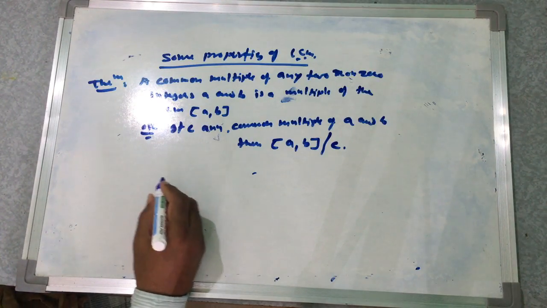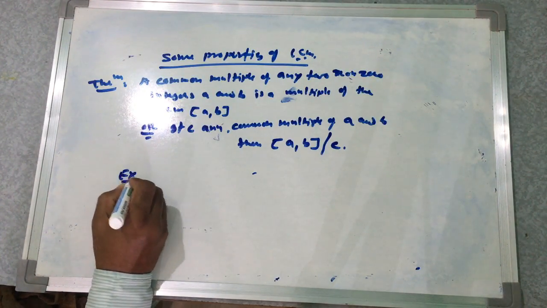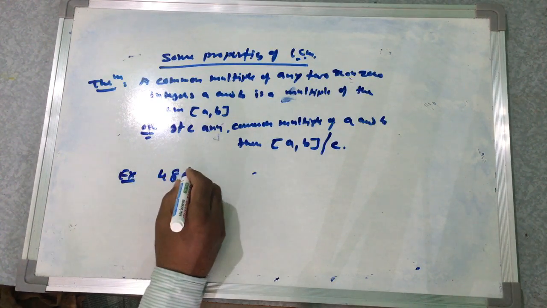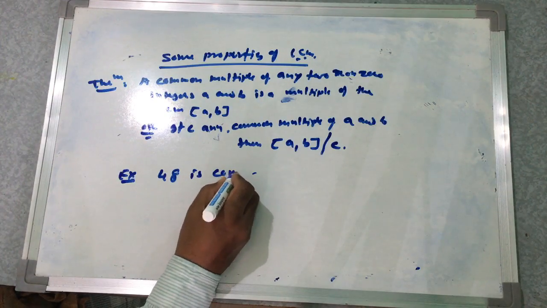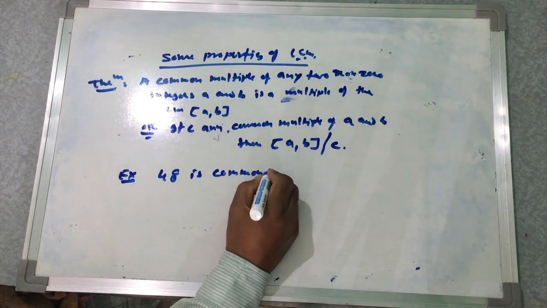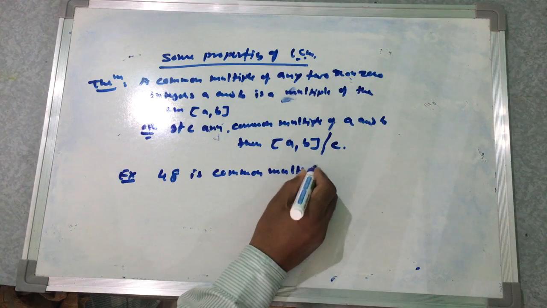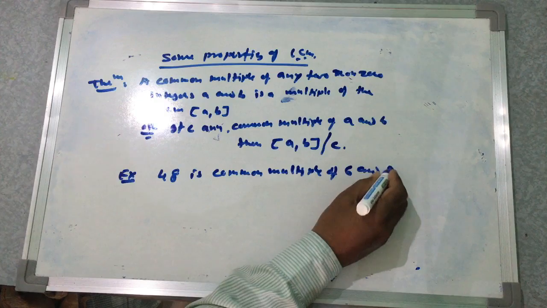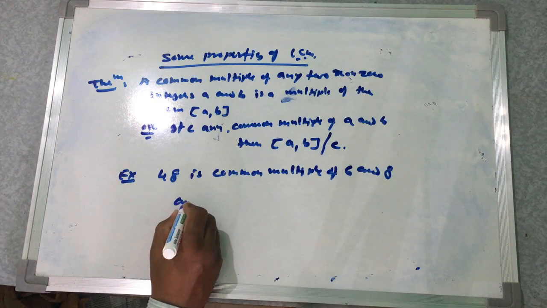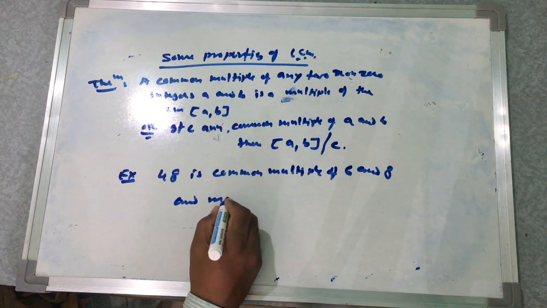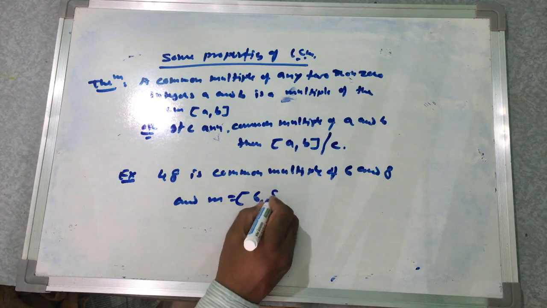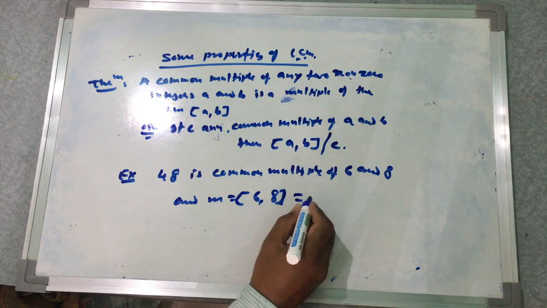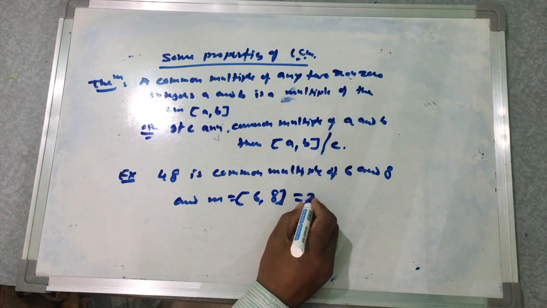So this is the illustration for this, or the example: 48 is a common multiple of 6 and 8, and m can be written as [6, 8], it is 24.